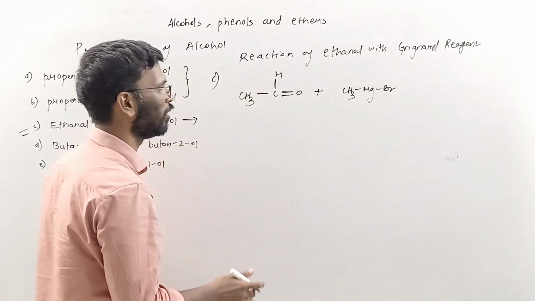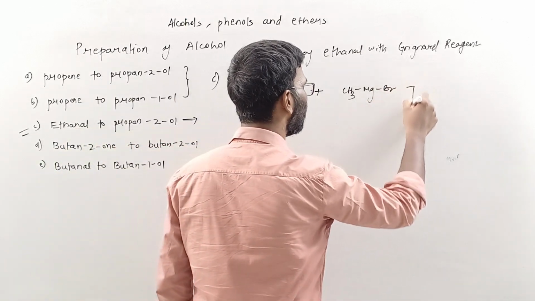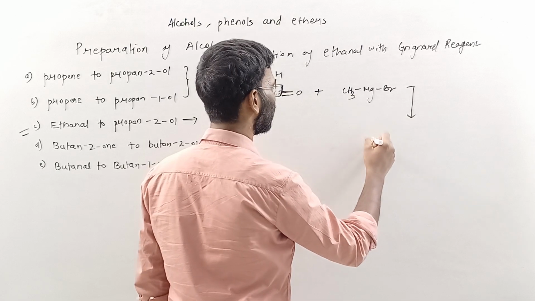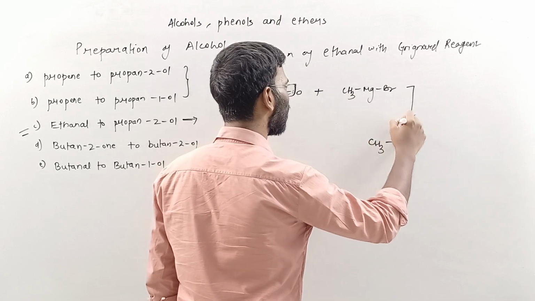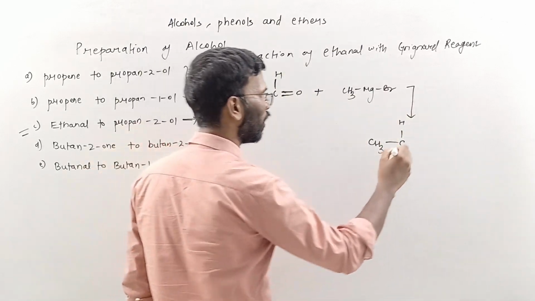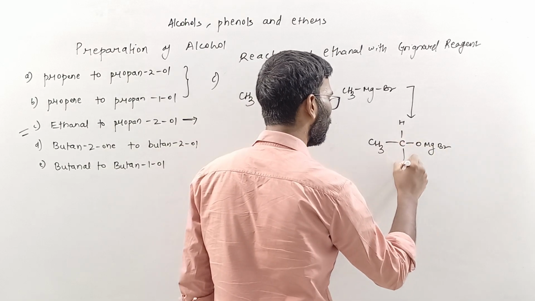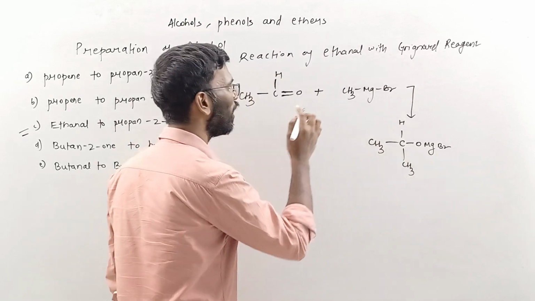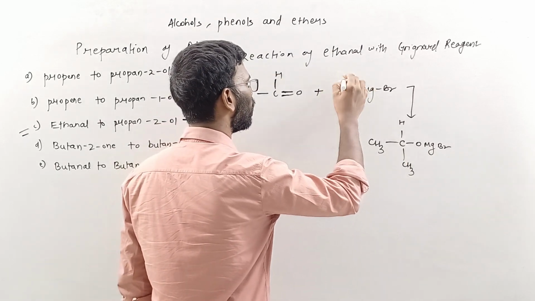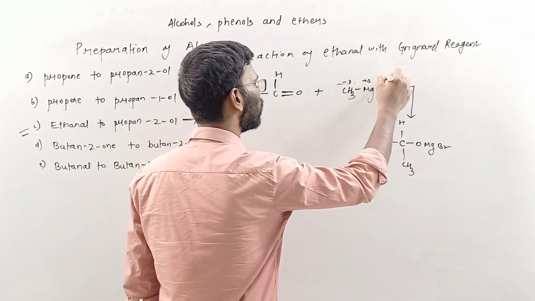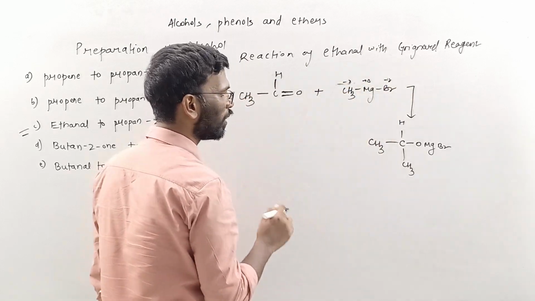This is my Grignard reagent. After the reaction with this, what you get is CH3, this I am keeping intact. So this is O, Mg, Br, and methyl is connected over here. This is partially negative, partially positive, partially negative, right? So methyl is added over here.